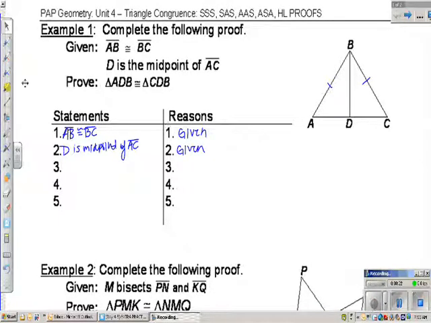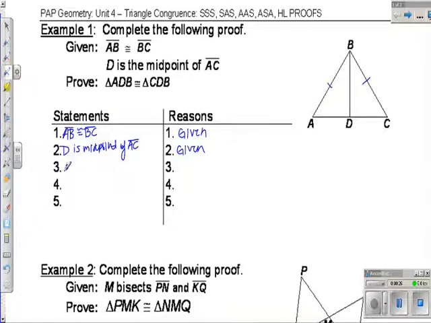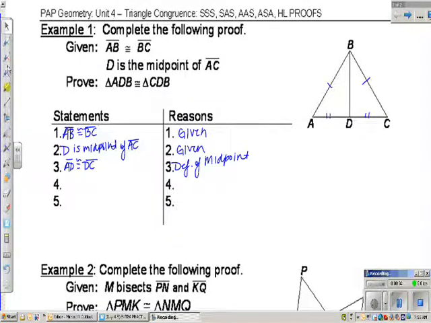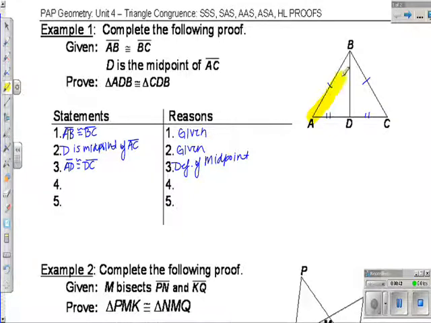From here, if D is the midpoint of AC, then we know that AD is congruent to DC by definition of midpoint. Now, we can see that we have two triangles here, right? We have this triangle to the left, ABD, and then we have the triangle to the right, CBD, okay?